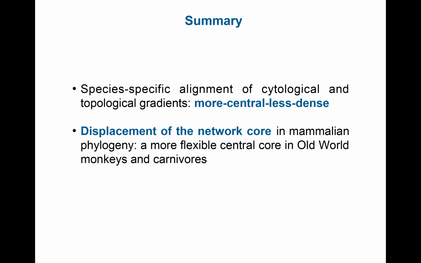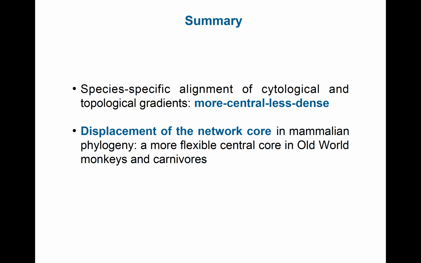In summary, we have a species-specific alignment of the cytological and topological gradients in the mammalian cortex, and when this relation is pronounced, we have to do with the more central, less dense principle.